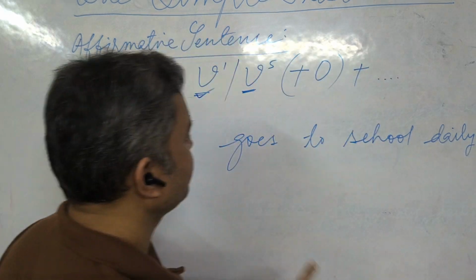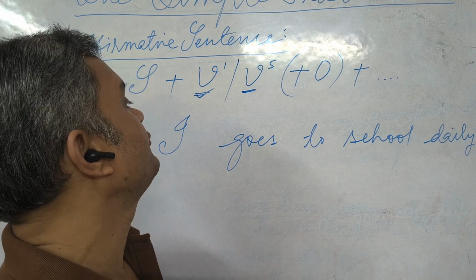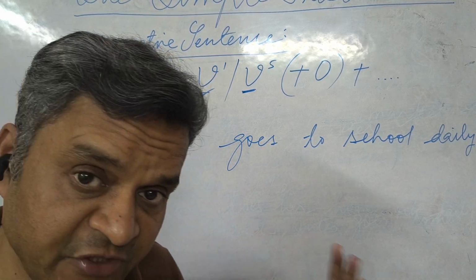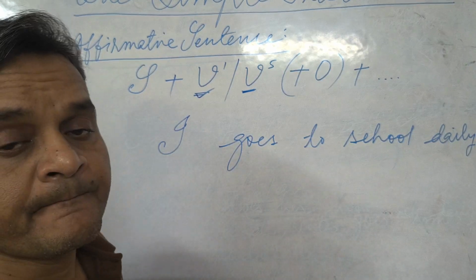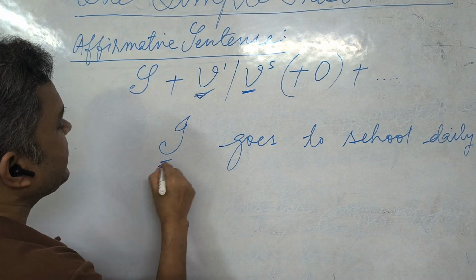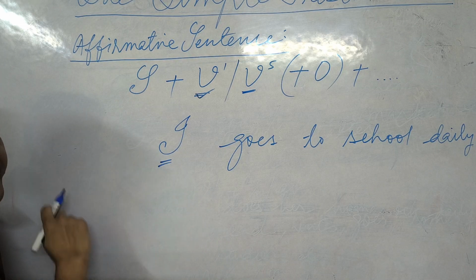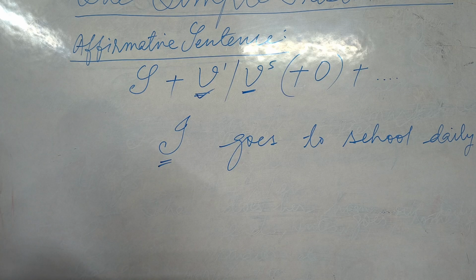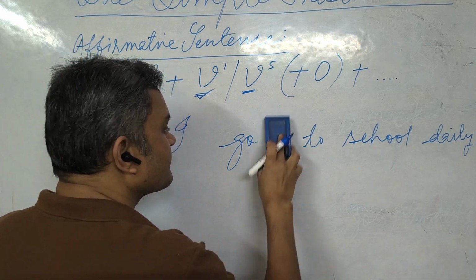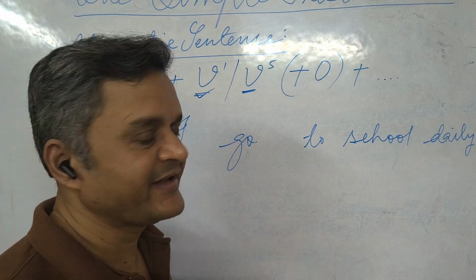That's incorrect, because the V5 form is used only with third person singular pronouns or singular nouns. I is singular, but it is in the first person, and with it we use the V1 form only. I go to school daily.